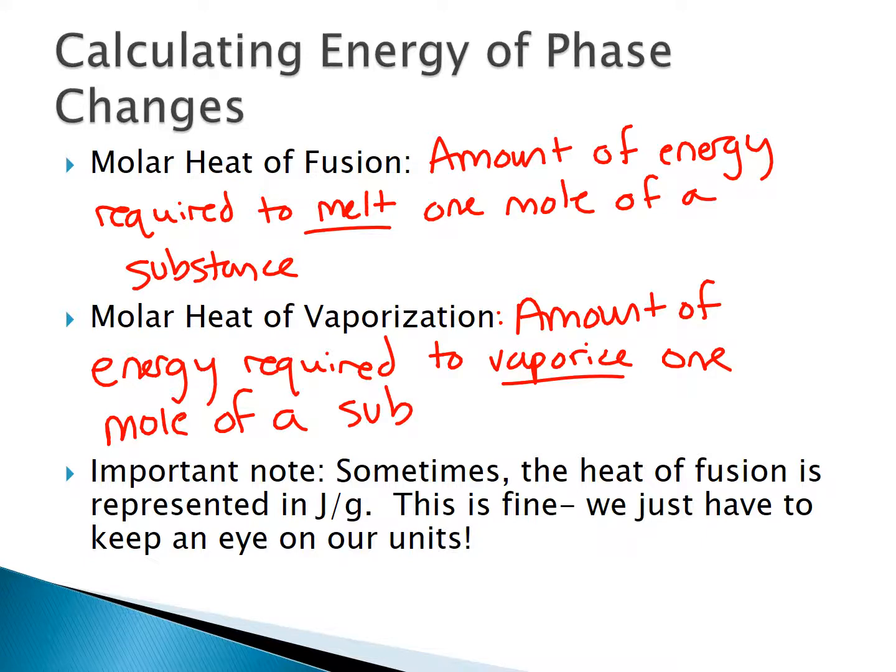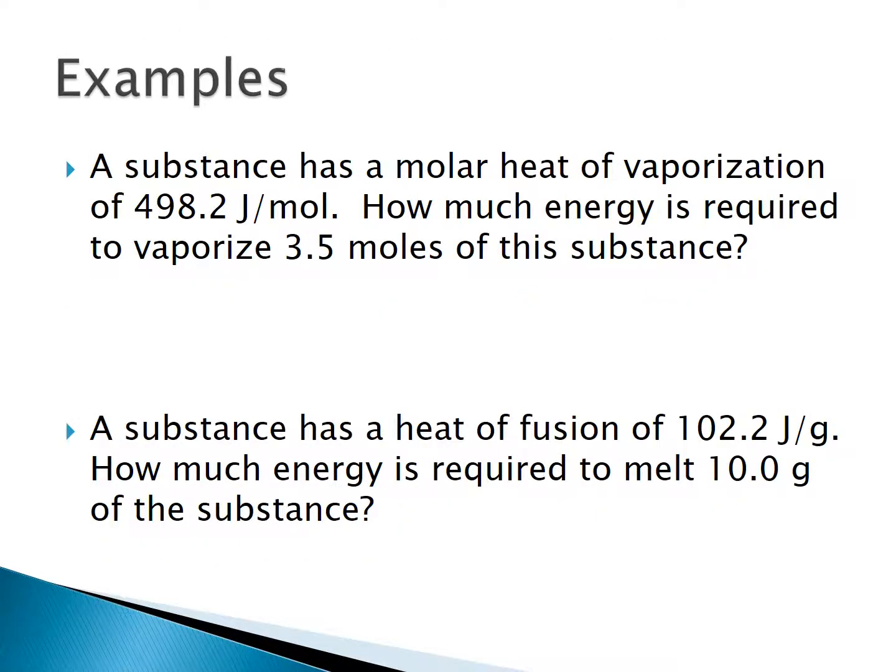Or conversely, you could think of it as the amount of energy released when 1 mole of a substance condenses. Now, we see molar heat of fusion a lot, but sometimes heat of fusion is just represented in joules per gram instead of kilojoules per mole or joules per mole. So that's fine. It doesn't really matter. We can work with both. We just have to keep an eye on our units to make sure that they cancel out correctly in the end. Okay, so let's look at 2 examples.